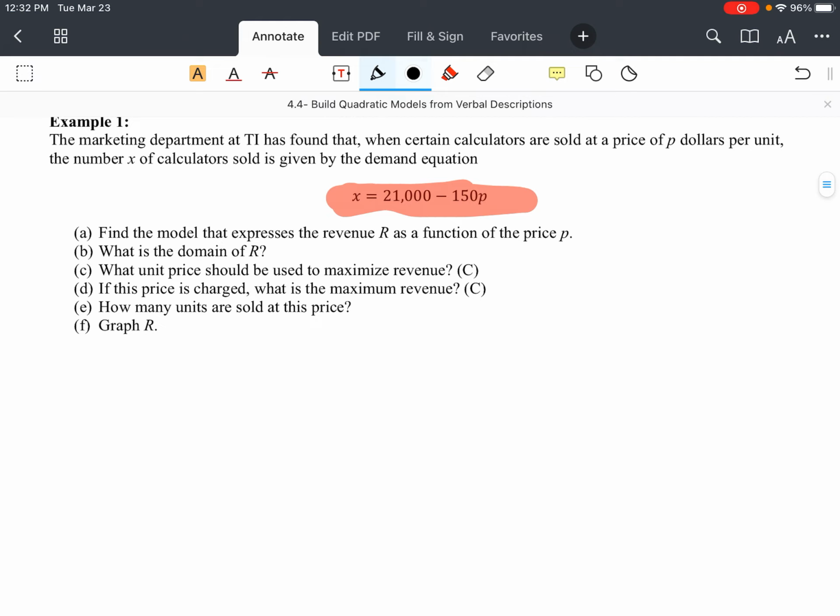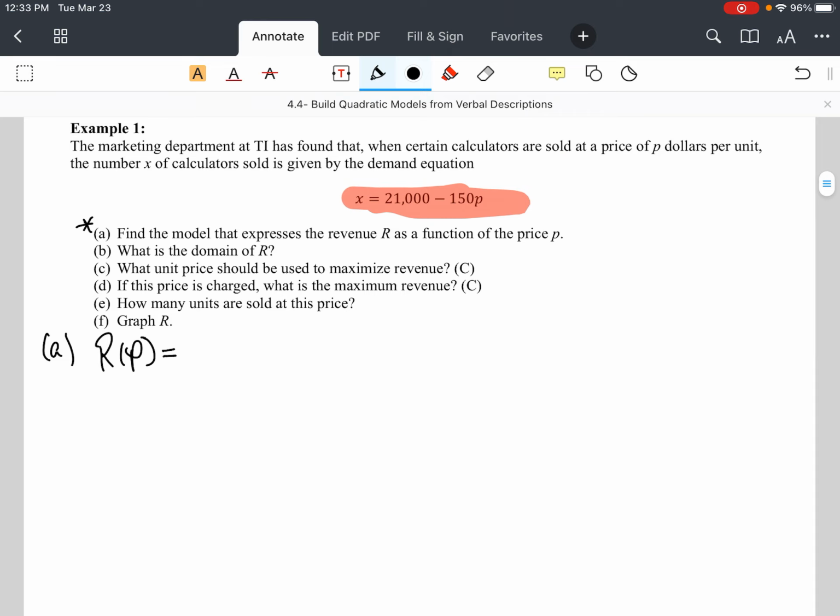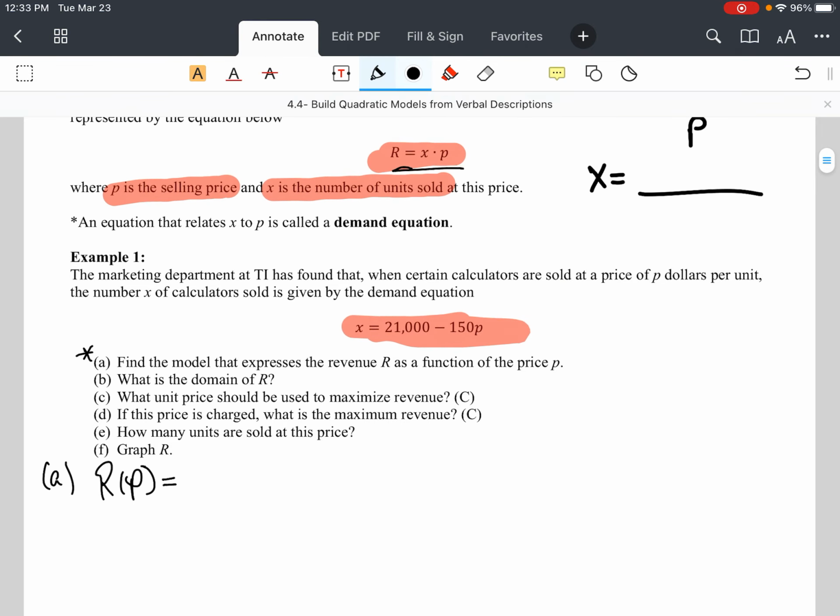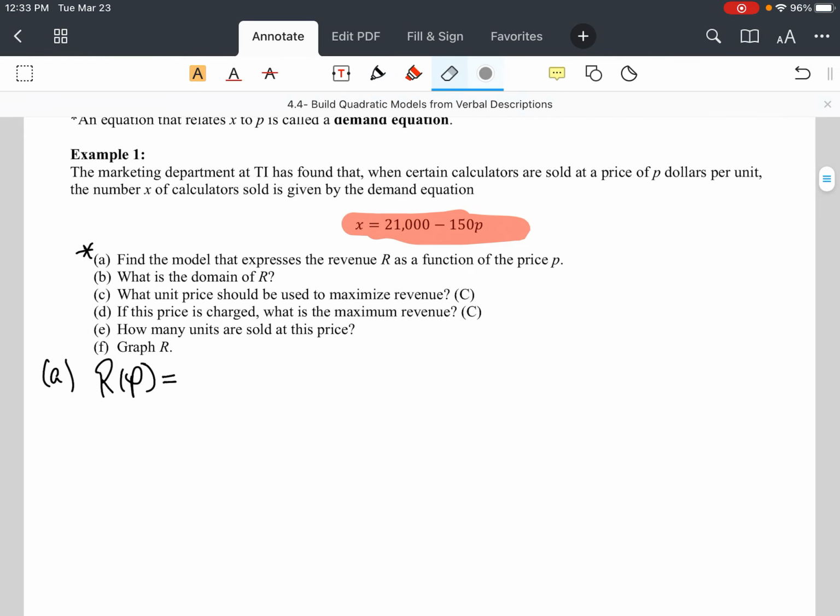All right, so let's go ahead and start off by finding the model, so part A. So finding the model that expresses the revenue as a function of its price. So R of P is equal to, and we have this revenue function here, right up here where we started.